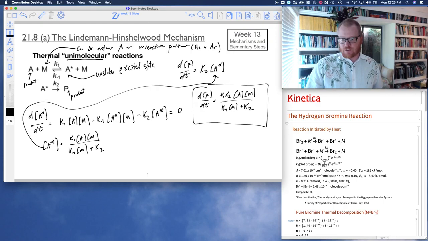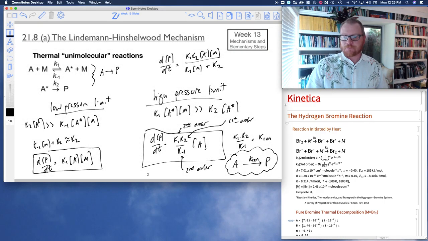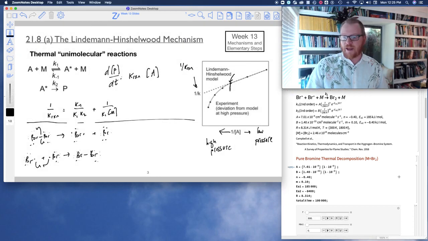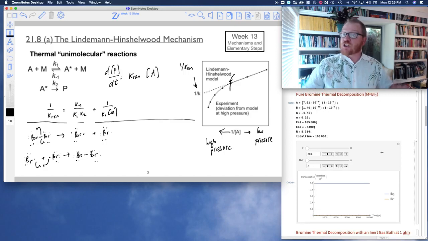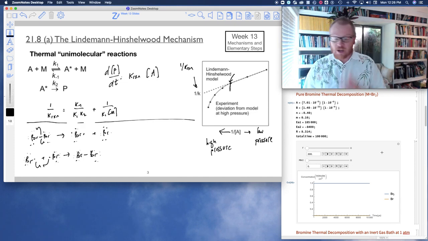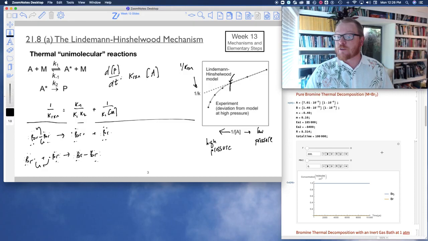So I first solved this model in the case in which M equals another bromine. So right here, M equals Br2. So this would be like two Br2s colliding with each other. One of them falls apart into an unstable set of radicals. The other Br2 is still available to react, okay?